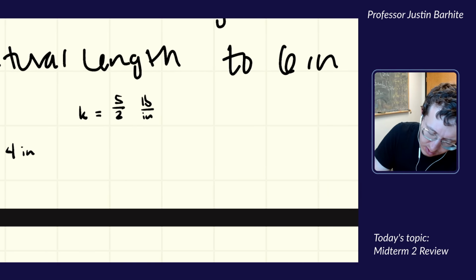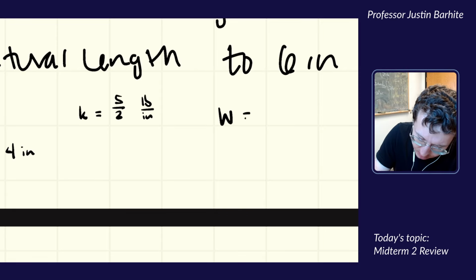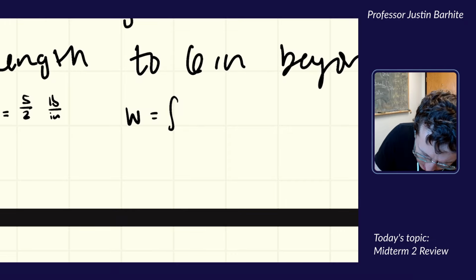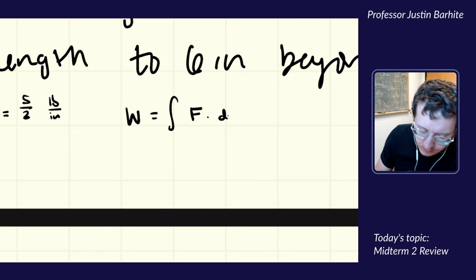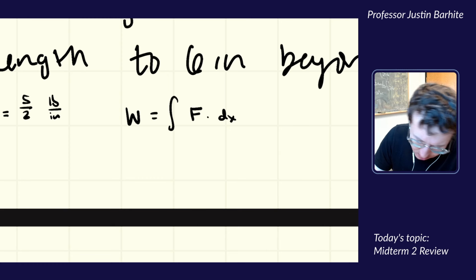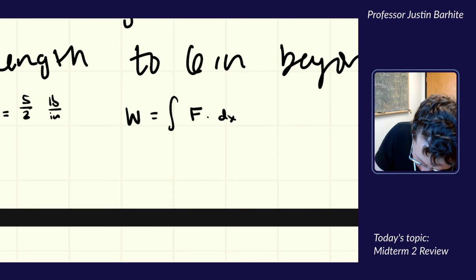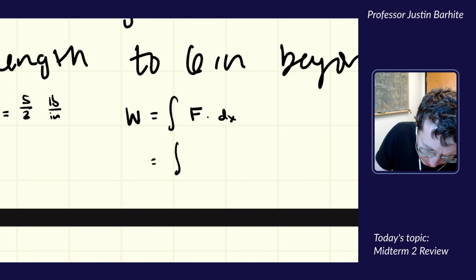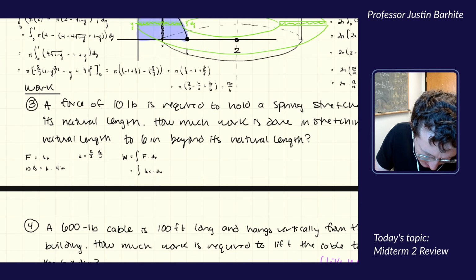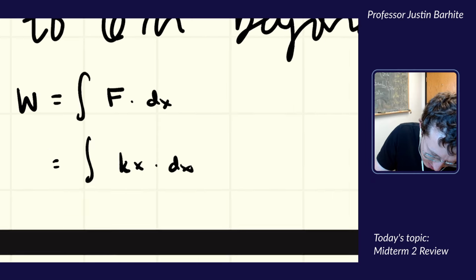And then the work is always an integral of force times distance. In this case, our force is k times x, and we are stretching the spring from its natural length to 6 inches beyond that.